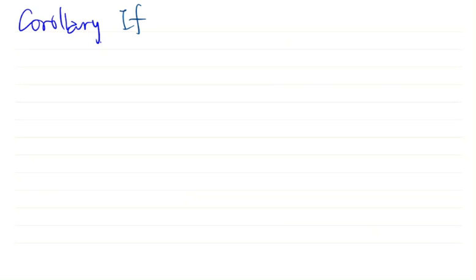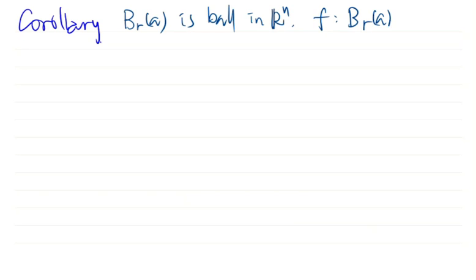If we consider our function is n variable, is a ball or the R neighborhood of A in Rn. Okay, and f is a function defined on this ball. So this is an n-variable function.